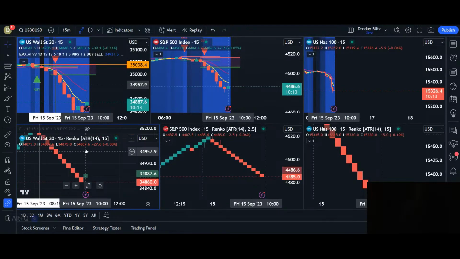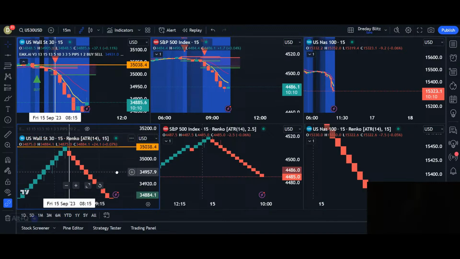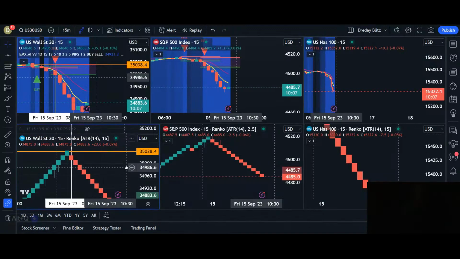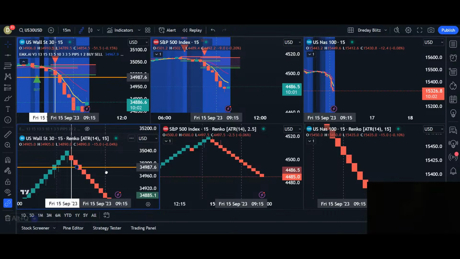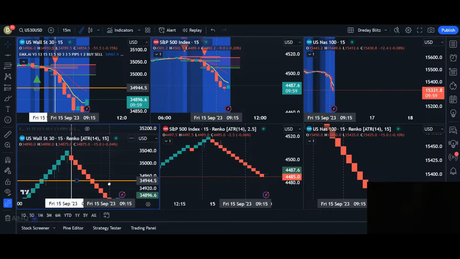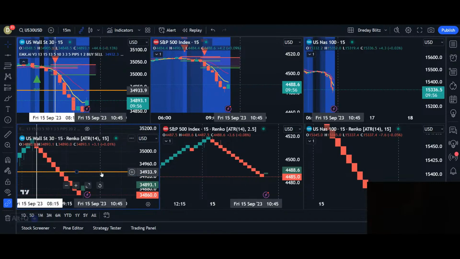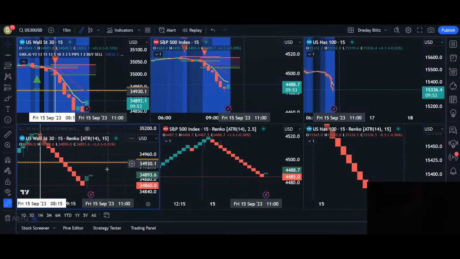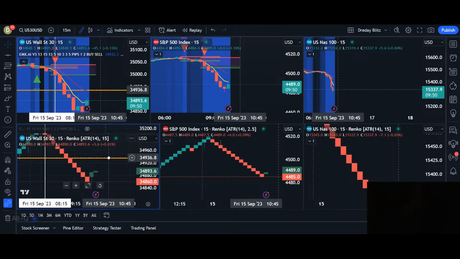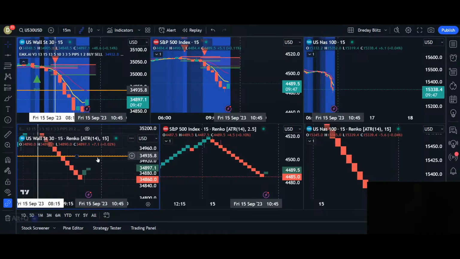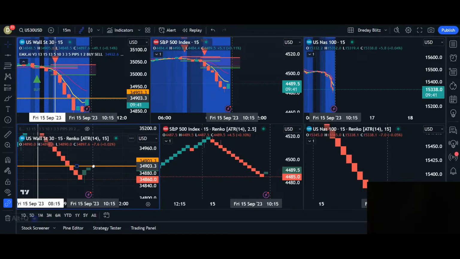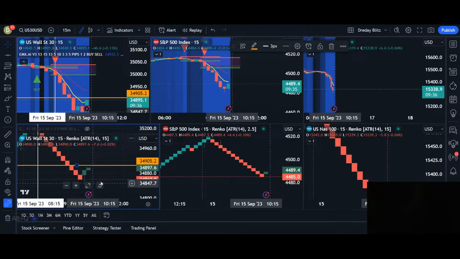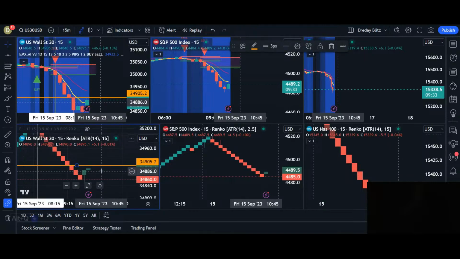The best way to trail your stop, let's say we move the stop loss into profit, so that means it's a risk-free trade, is to always put the trailing stop at two candles before the last candle that was created.